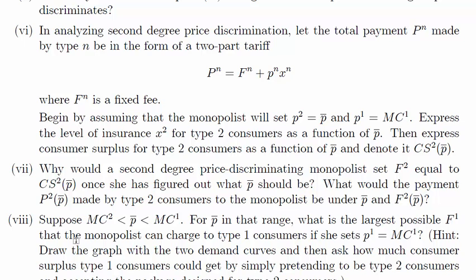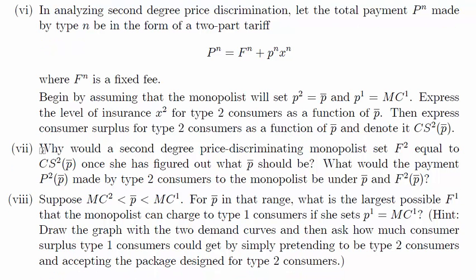In part 7, we are asked why the second degree price discriminating monopolist would set F2 equal to the consumer surplus of a type 2 consumer once she has found out what P bar should be, and to find the total payment P2, which depends on P bar, made by type 2 consumers to the monopolist.